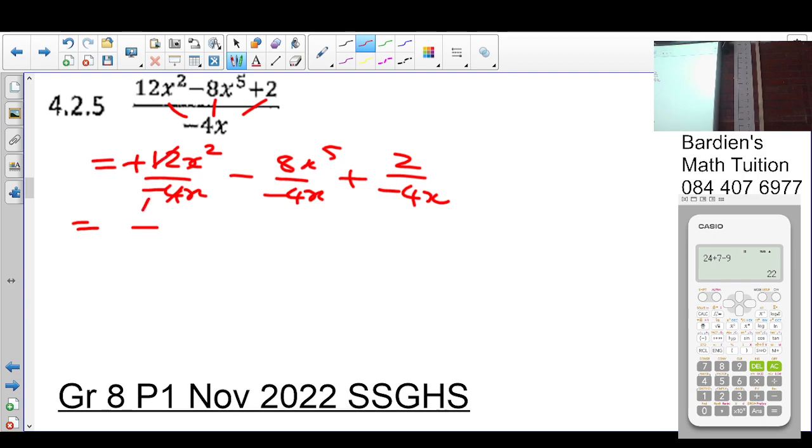Negative. 4 going into 12 is 3, times x. 2 minus 1 is 1. What is negative divided by negative? Positive. 4 going into 8 twice. Where are there more x's? Top. x to the 5 minus 1 is 4. Positive divided by negative is negative.